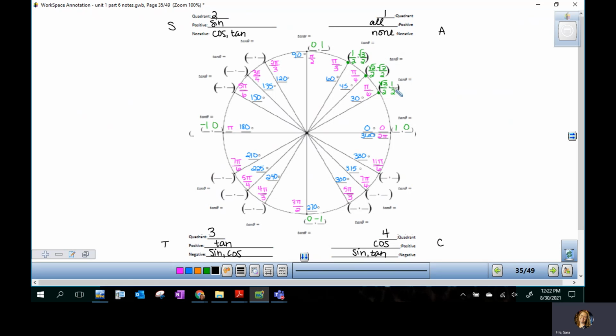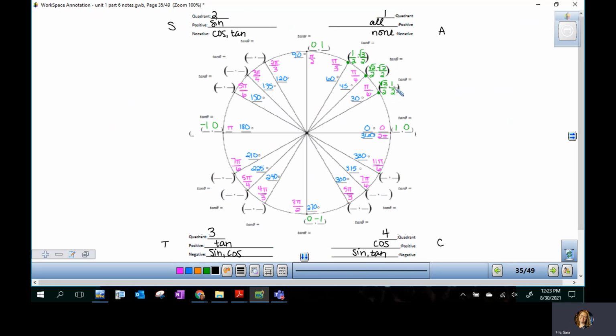Now, looking at these ordered pairs, we came up with these ordered pairs last week using special right triangles. And what we just said is that if it's a point at 30 degrees, cosine of 30 degrees is going to be square root of 3 over 2, because the x value of the ordered pair corresponds to cosine at this angle.